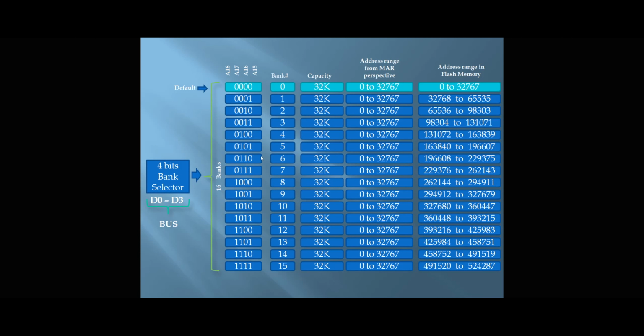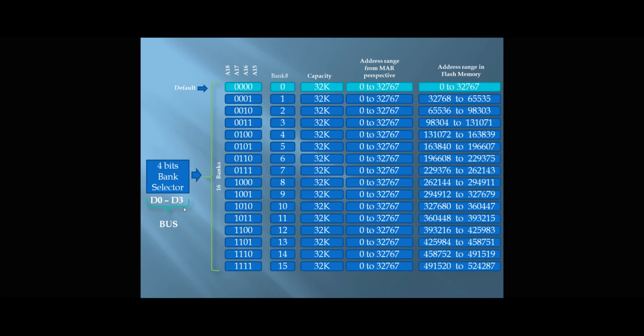Now, something to mention here is that, remember, this division of our flash memory is completely logical. This is just what we came up with because we only have 32K of addressing output from our MAR. This is not something designed or architected in the factory for this chip.